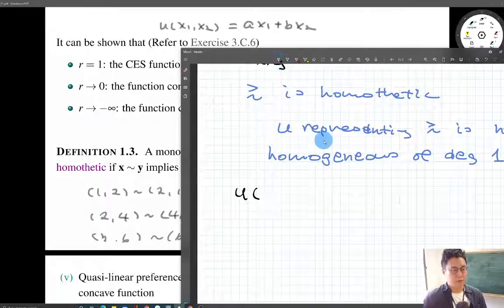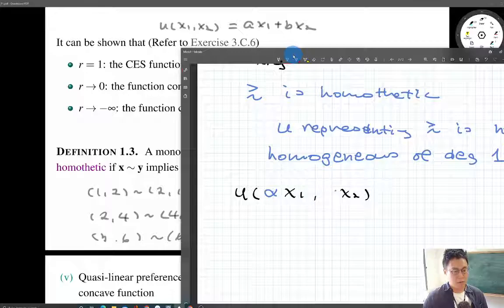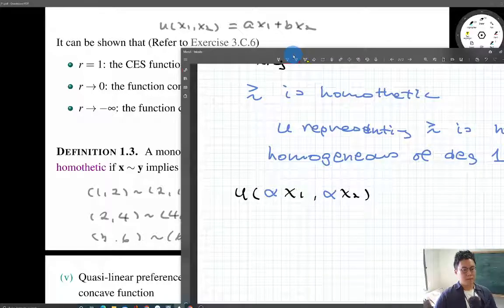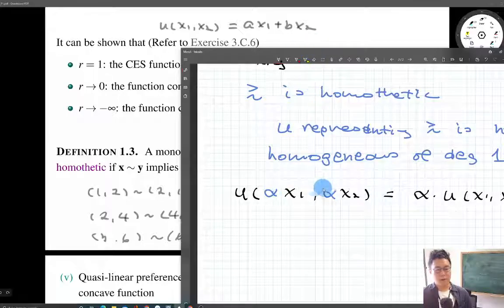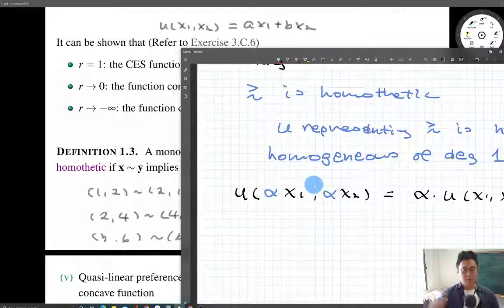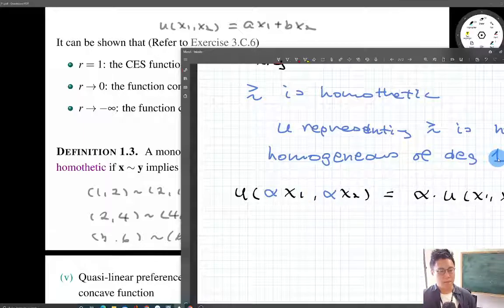Given function U, we scale up both commodities by alpha. Then its value is going to be alpha times U of x1 and x2. So this scale variable can be pulled out, right? So that is a homogeneous of degree 1 function.